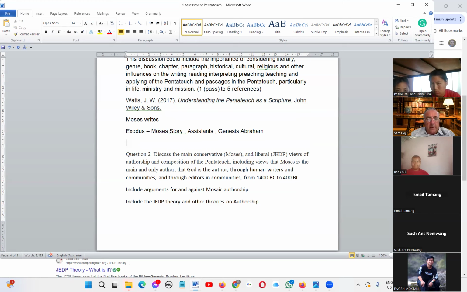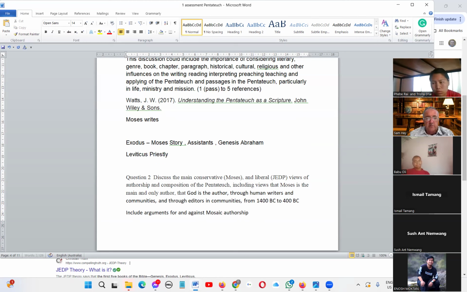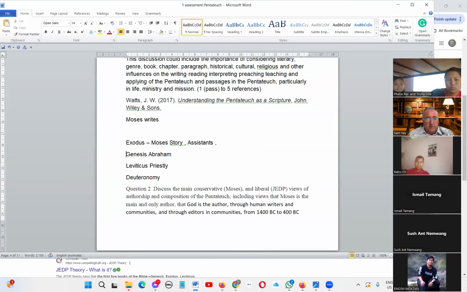Then we have the other books, which include Leviticus, which is priestly. So Leviticus is more the priestly material. And then there is Deuteronomy, which goes further into the laws.